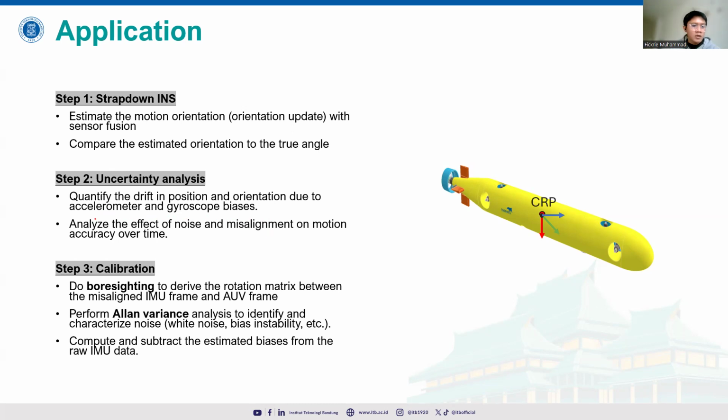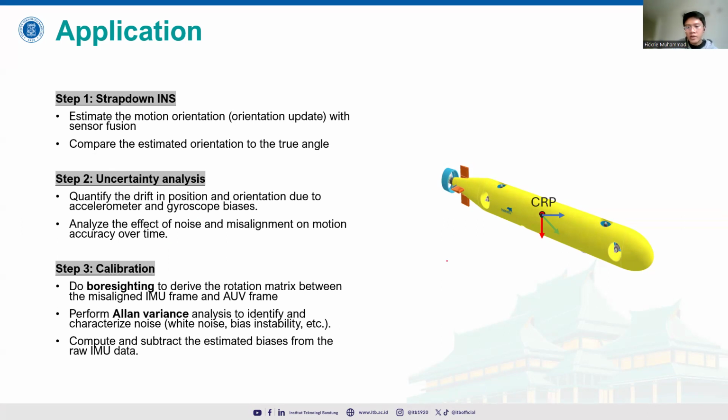But yeah, to analyze this uncertainty, of course, we have to do calibrations so that later on we are sure that we'll be free from at least this uncertainty. But if we still have the random walk, because of external forces, of course, the drift will still appear, but yeah, we can reduce that by doing calibrations.